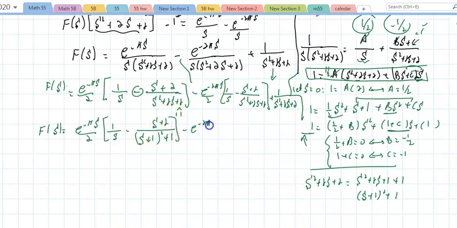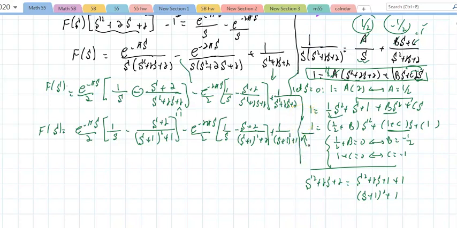Minus e to the negative 2 pi s over 2 times 1 over s, again minus s plus 2 over s plus 1 squared plus 2 plus 1 over s plus 1 squared plus 1. That part is being squished all the time. I'm going to write a bit smaller to make it look nicer.